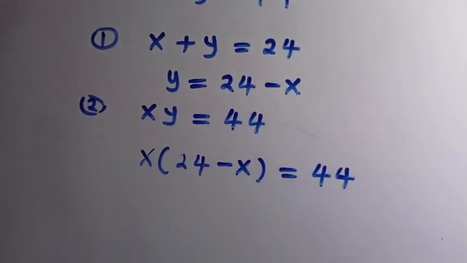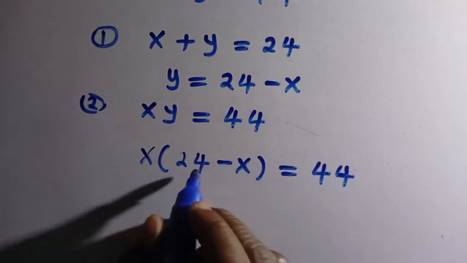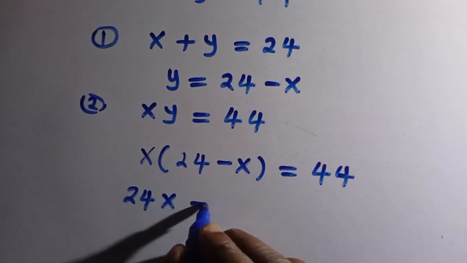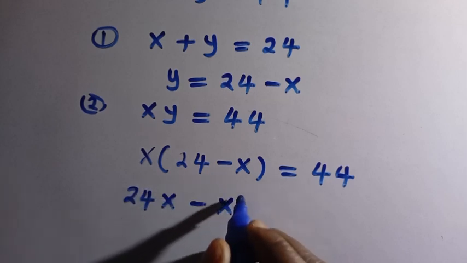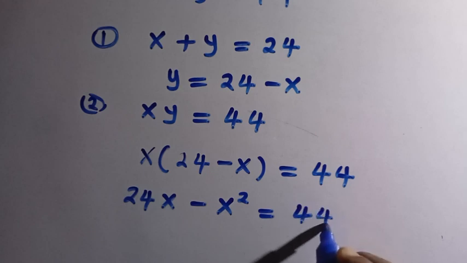And from here, let's open this bracket. x times 24, we have 24x, minus x times x, we have x squared, equals 44.